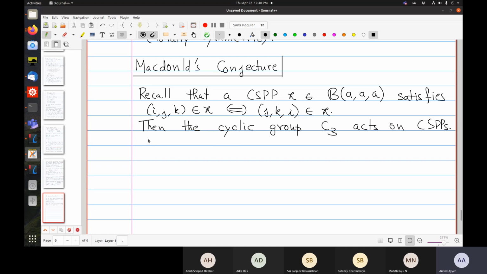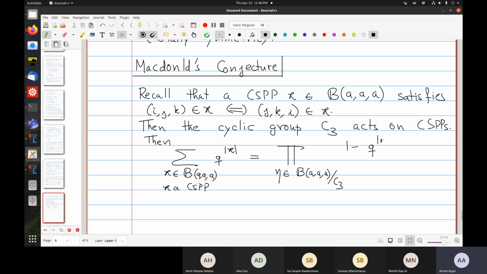So the conjecture is: the sum over pi in B_A_A_A, pi a CSPP, of q to the mod pi, is equal to the product over eta in B_A_A_A mod C3 of 1 minus q to the exactly the same formula, mod eta times 1 plus height eta, divided by 1 minus q to the mod eta times height eta.